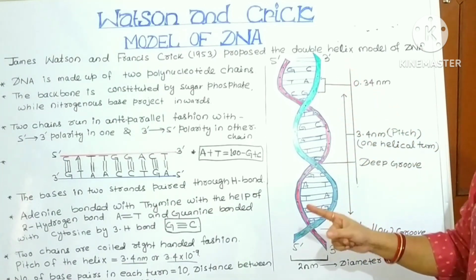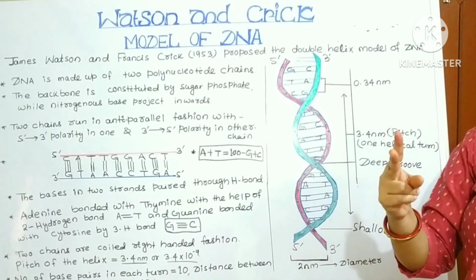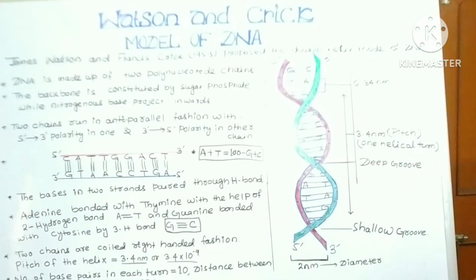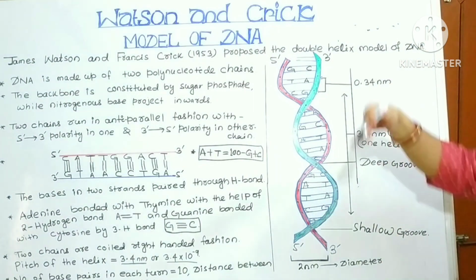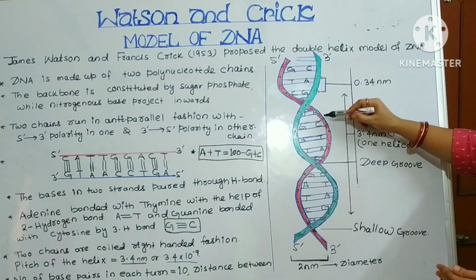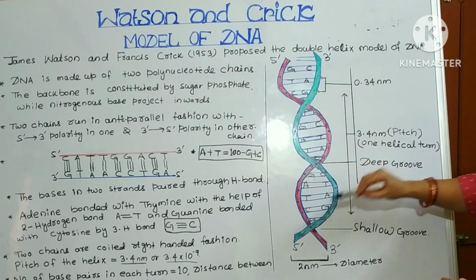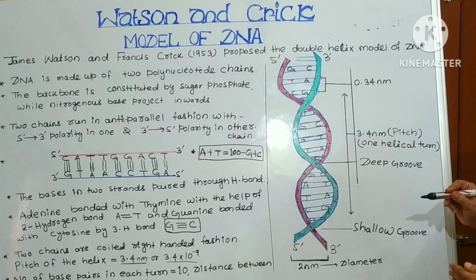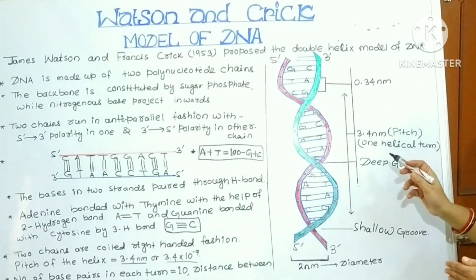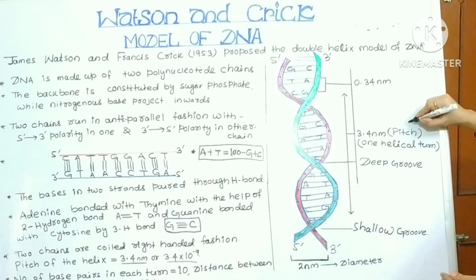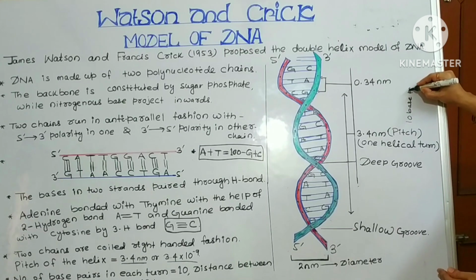One helical turn is completed after pairing 10 bases. Let's count the 10 nitrogen bases within the pitch. Pitch means one helical turn. Here 1, 2, 3, 4, 5, 6, 7, 8, 9, 10. So one pitch or one helical turn contains 10 base pairs.